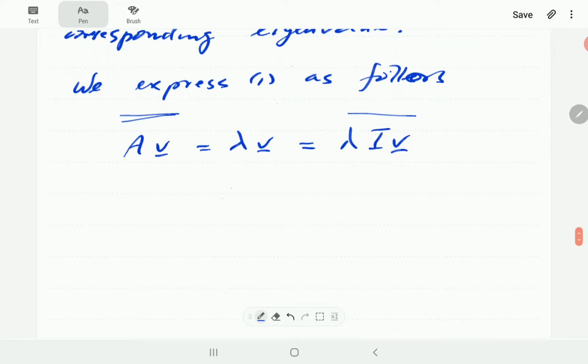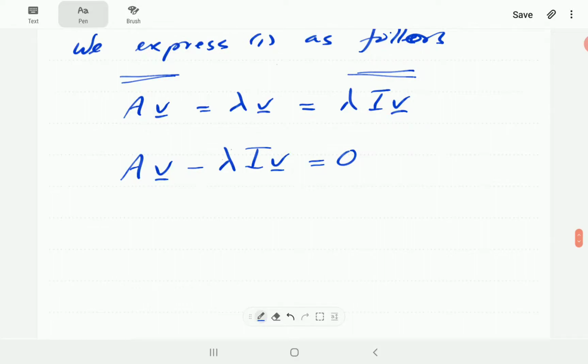Then we bring this term to the same side as this one, and the matrix arithmetic agrees because they're of the same dimension.